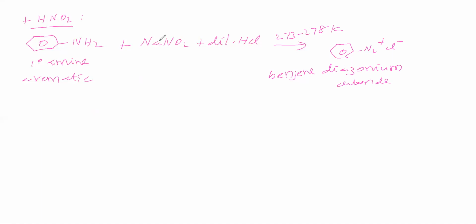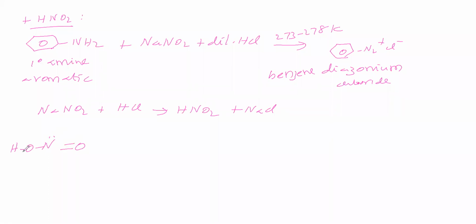That we will see. Now NaNO2 plus HCl gives HNO2 and NaCl. HNO2 we can write with N having two oxygens, HO-N=O. N has one lone pair.